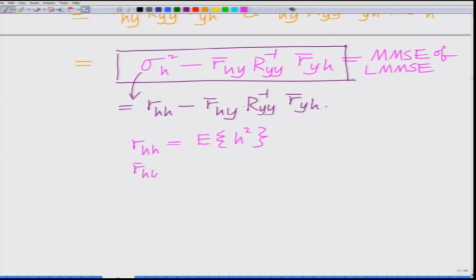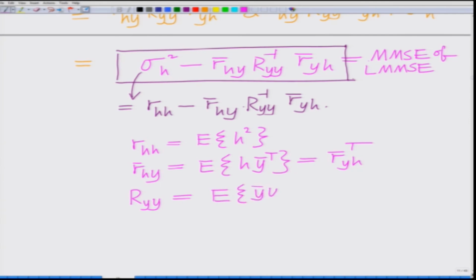R bar HY equals the expected value of h y bar transpose, which is R bar YH transpose, and RYY equals the expected value of y bar y bar transpose. This is the resulting minimum mean squared error of the LMMSE estimate.